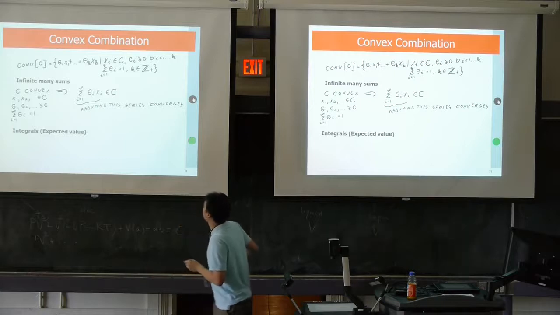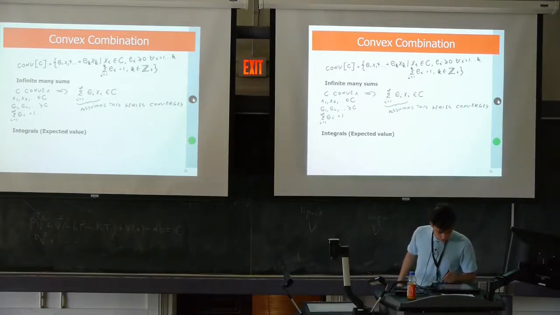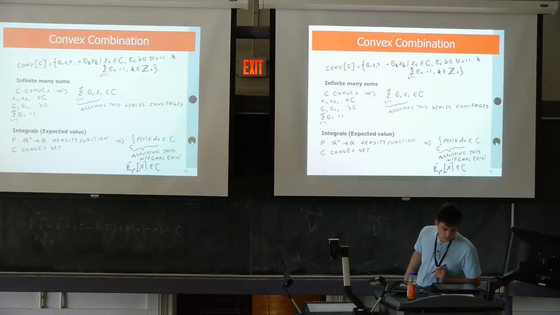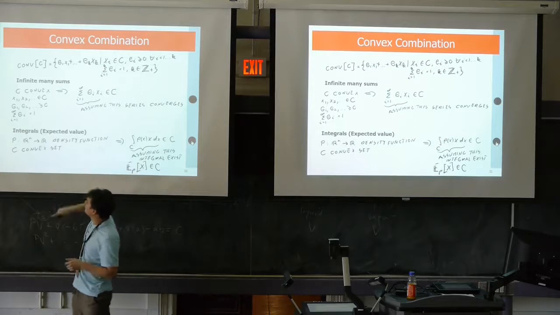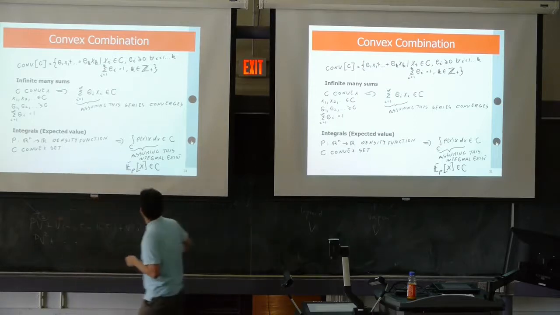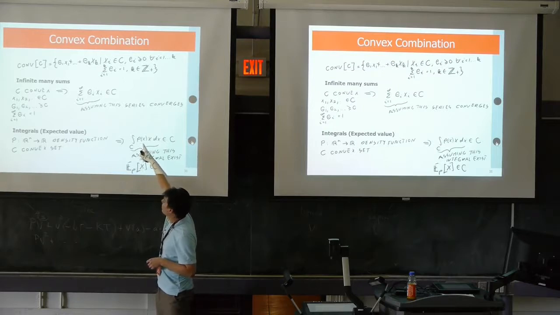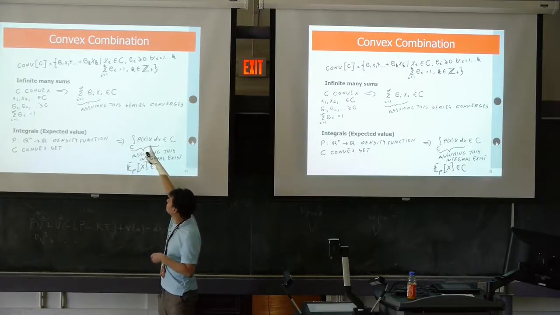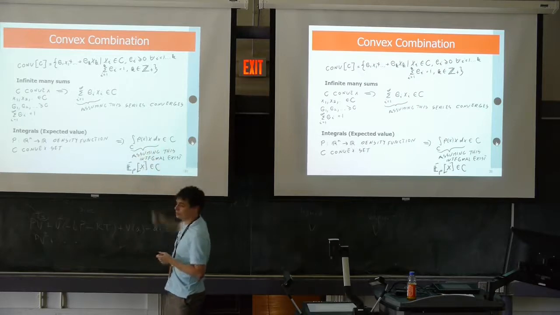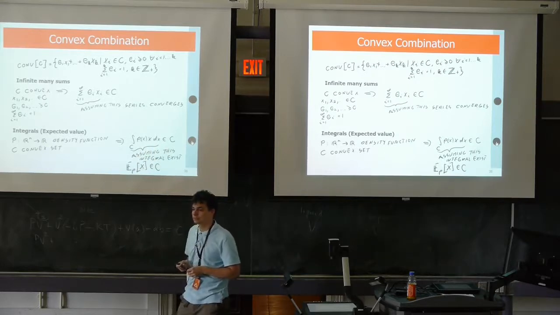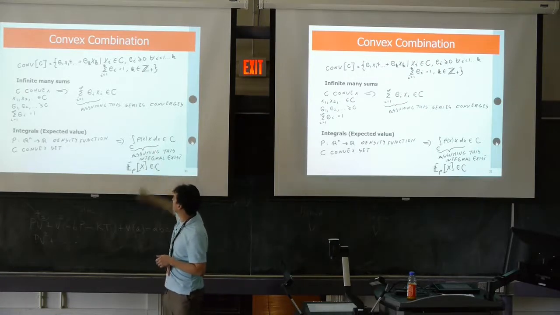So you can prove this one as well: if p is a density function and C is a convex set, then the mean of a random variable that has density p will be in the set C. Well, you need to assume that this integral exists.